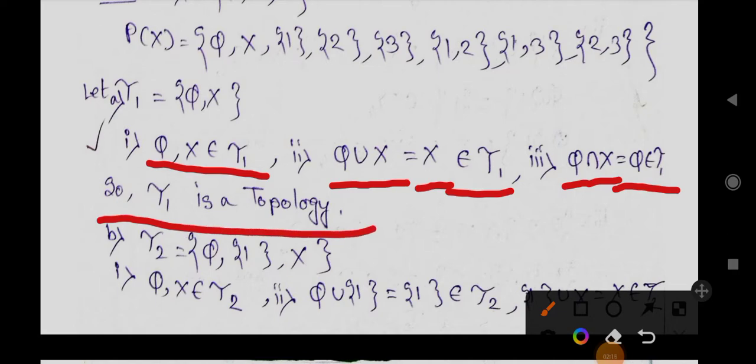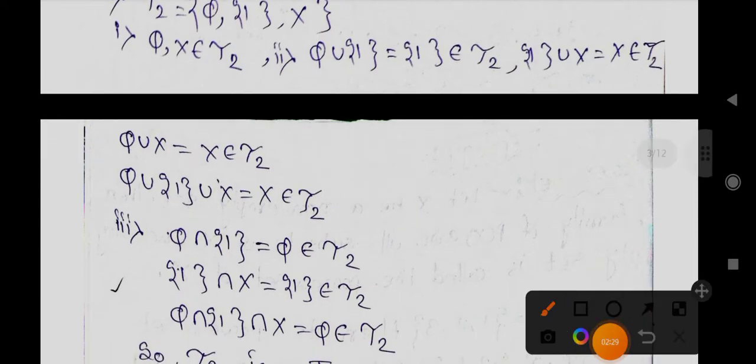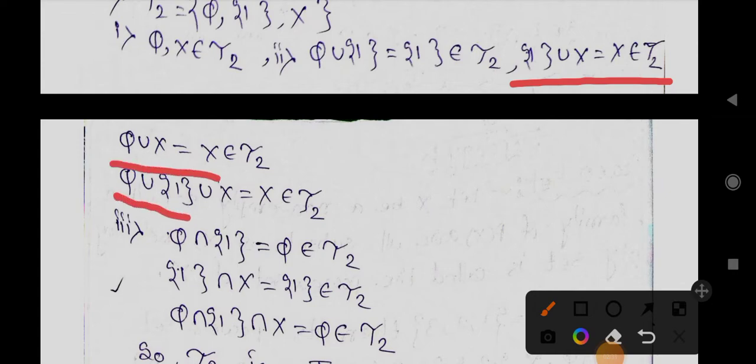Let tau 2 equal {phi, {1}, X}. Phi and X belong to tau 2, phi union 1 equals 1 belongs to tau 2, and 1 union X equals X belongs to tau 2, phi union X equals X belongs to tau 2, and phi union 1 union X equals X belongs to tau 2.